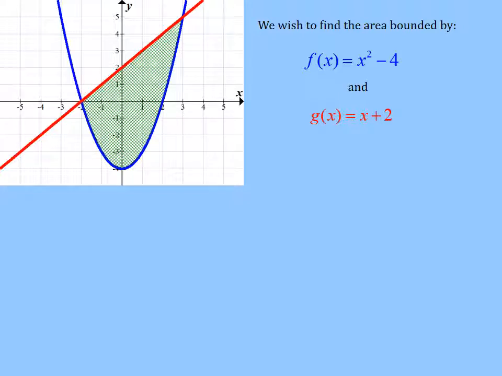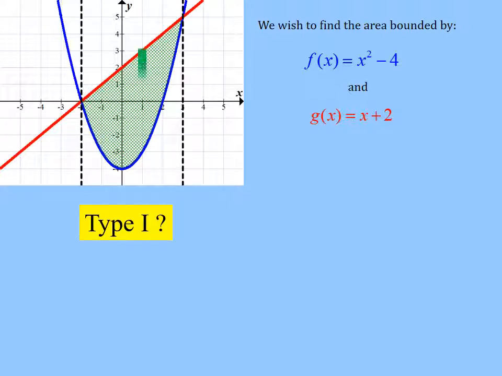So if we were going to use double integrals to find the area of this shaded region, we would need to decide, is this a type 1 region or a type 2 region? Now, a type 1 region means that we would be able to draw vertical rectangles, and it would always go from one function to another.